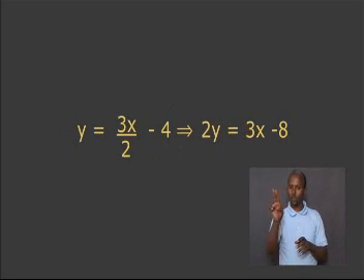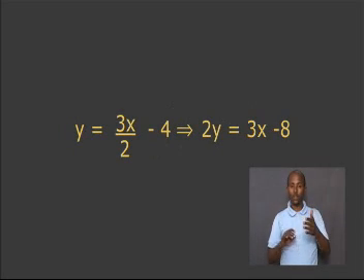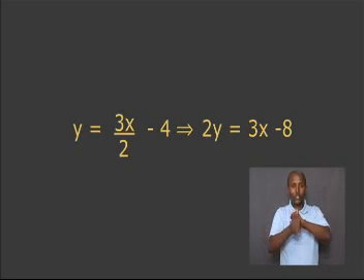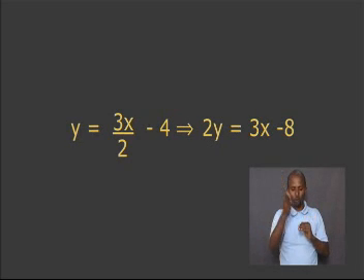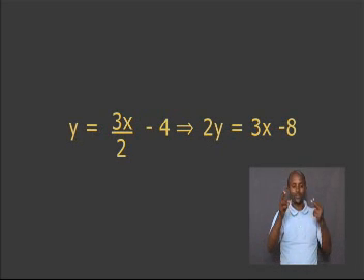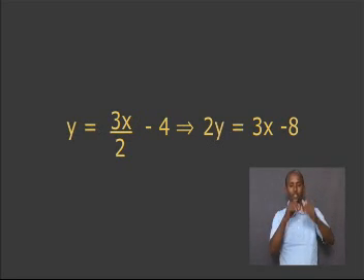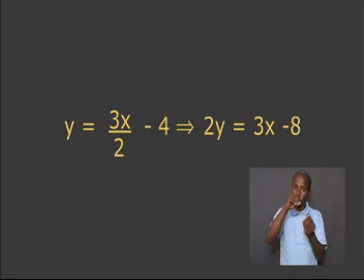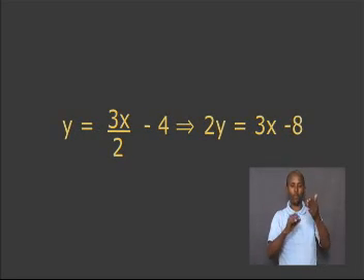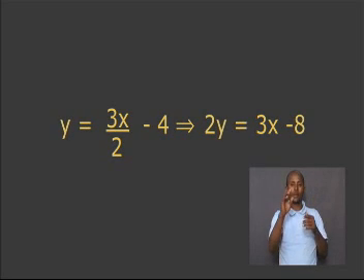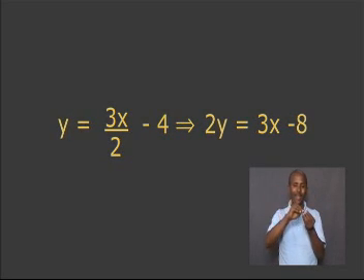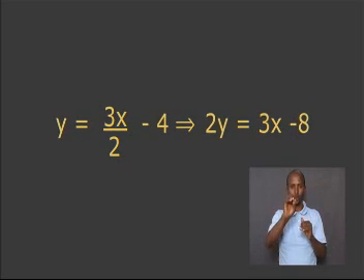To use this formula, we must change y equals 3 over 2 times x minus 4 into the form ax plus by plus c equals 0.